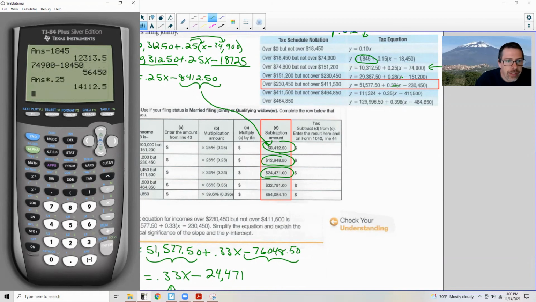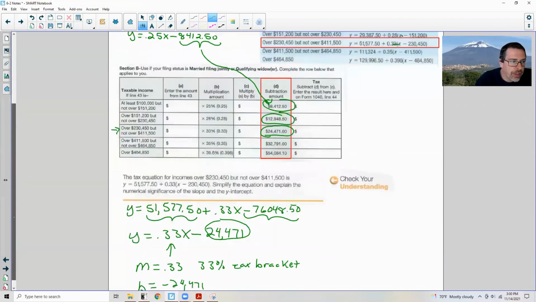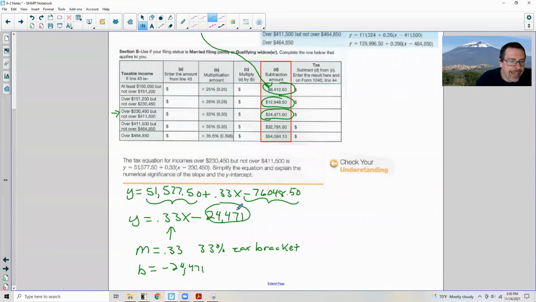And that's 14,112. So it's all these values added up that will give us this $24,471. They don't want to tax us again. That's the difference of the tax brackets, the 28%, the 25%, the 10%. Okay.